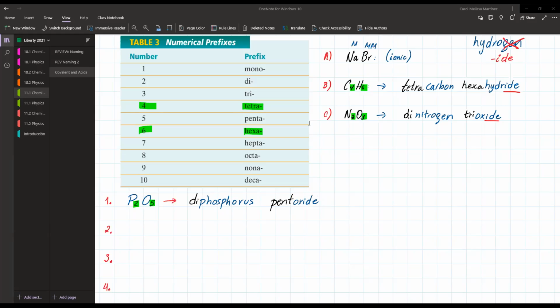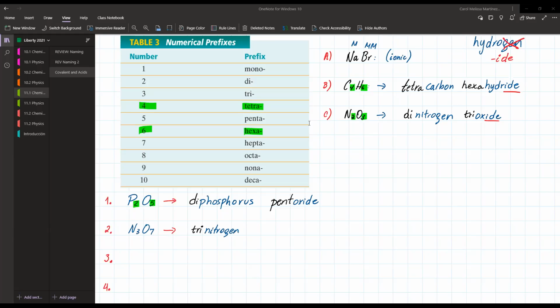Now, Diego, help me with the number 2. Trinitrogen monoxide. Monoxide. Yeah, monoxide. That is 7, not 1.